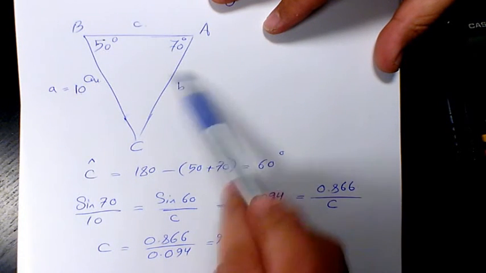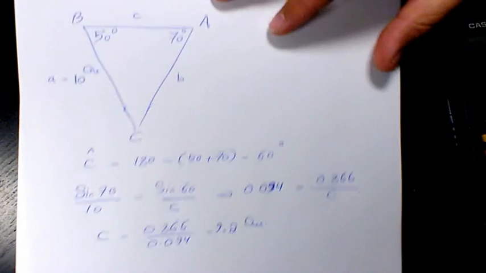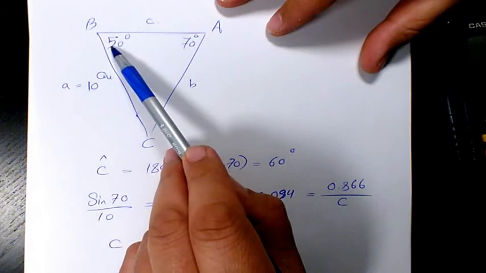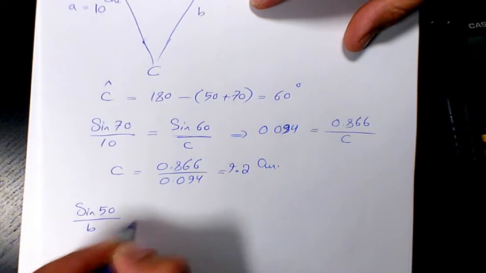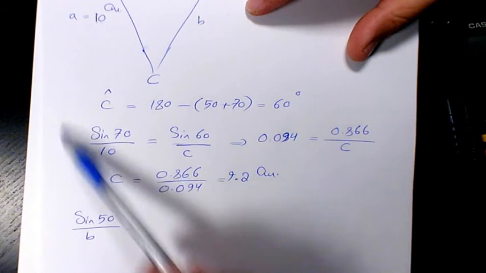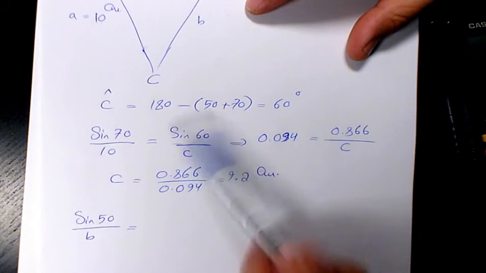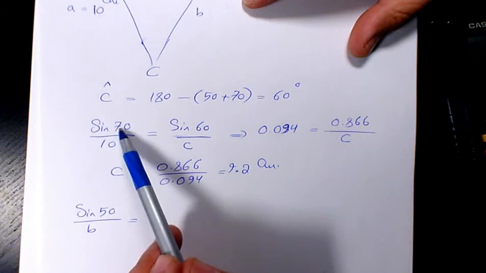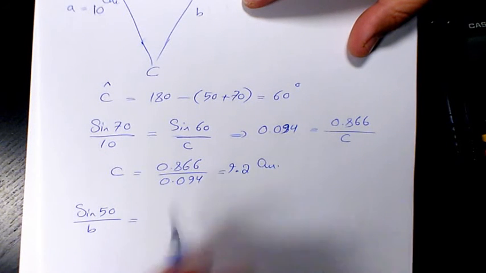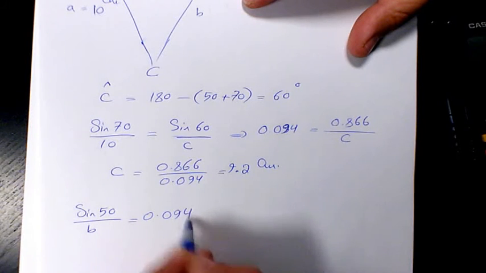So now we have 9.2 here, 10 in here, and we know the angle here, which is 60 degrees. The only thing missing right now is going to be b. So I'm going to say sine 50 divided by b equals to either this part or this part, because we already know the value of c. But we know sine 70 divided by 10 is 0.094.